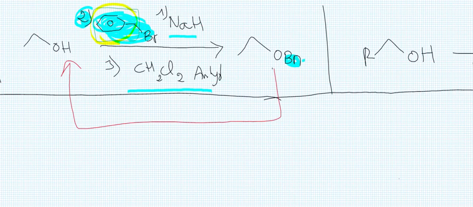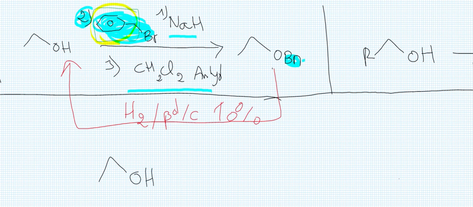You need to use H2, Pd/C 10%. So what are you going to form? You're going to form your OH, the starting molecule, and then you're going to form toluene. So we form toluene that we will have to use a rotary evaporator to evaporate it.